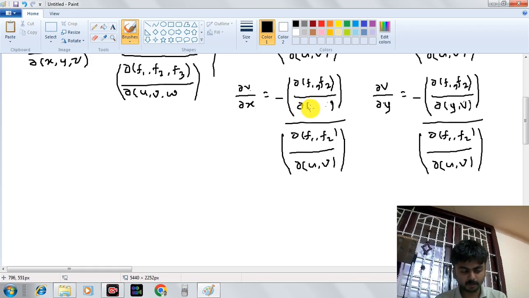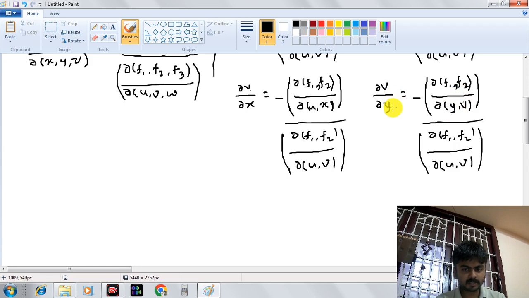Now I am going to write here, it is u comma x. Small change, u comma x, because we have to be very careful with the formula. So the denominator is common for everything, and here f1 comma f2. I'm differentiating v with respect to y.